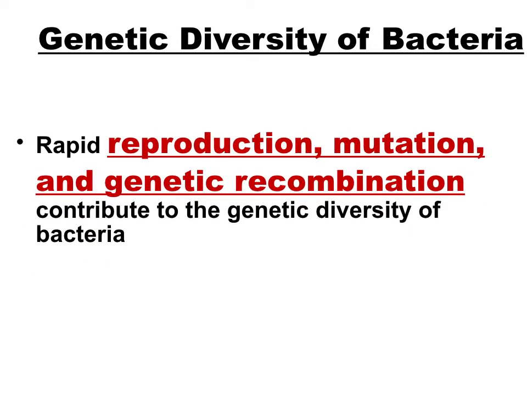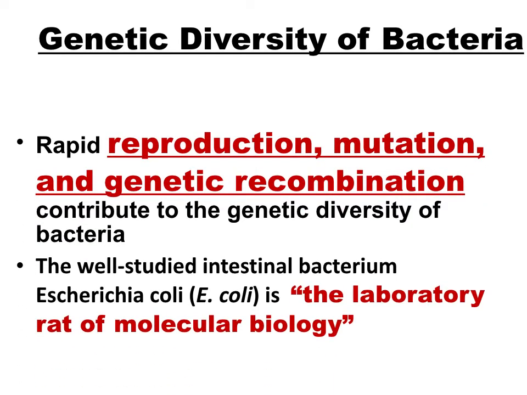Okay, bacteria have a rapid rate of reproduction. Okay, and they also have a relatively high mutation rate compared to us. And they also have some ways to do genetic recombination. All of those lead to highly diverse genomes within populations of bacteria.